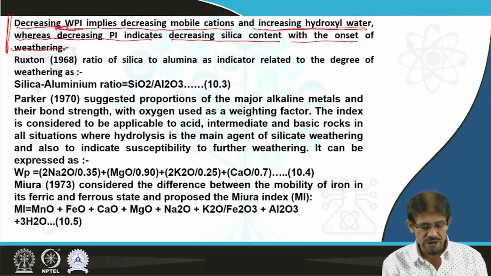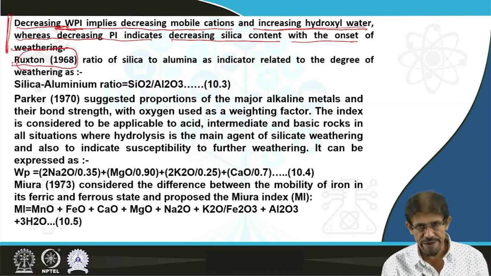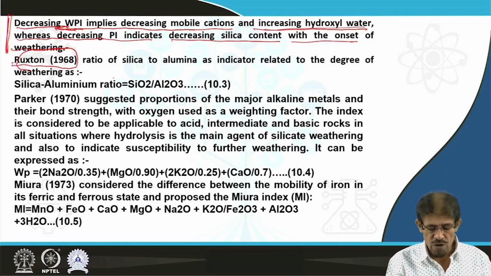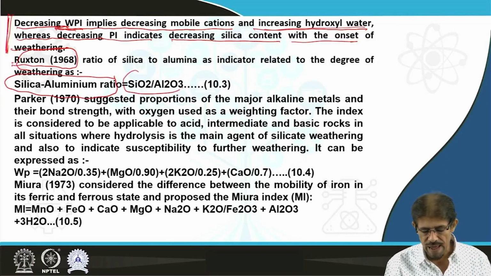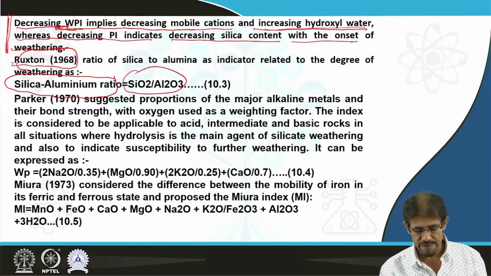Ruxton in 1968 proposed the ratio of silica and alumina for assessment of weathering indices. Beta dash is equal to A weathered divided by A fresh plus CaO plus MgO, where A represents K2O plus Na2O divided by Al2O3.